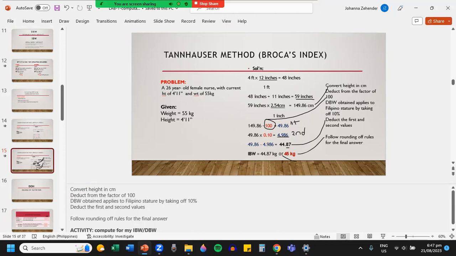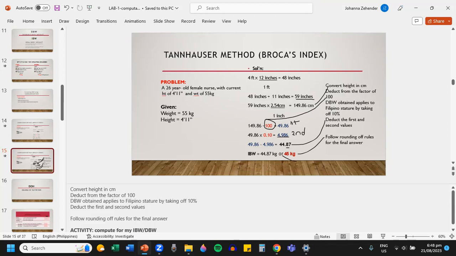After converting the height in centimeters, you're going to deduct from the factor of 100. So let's say you arrived at the height of 149.86. So you're going to deduct 100. 149.86 minus 100 is equal to 49.86.